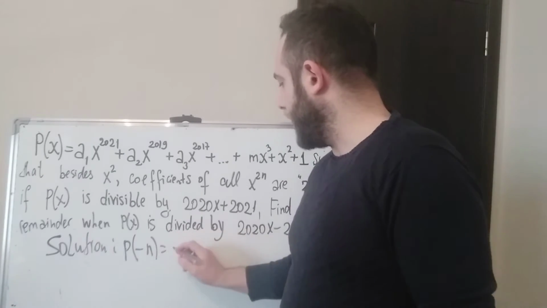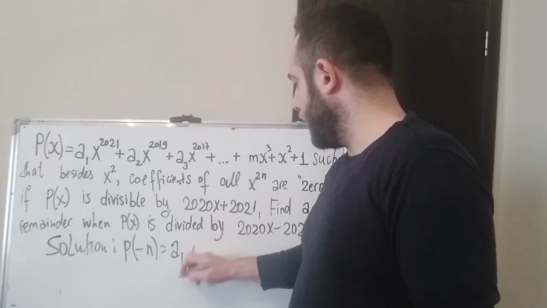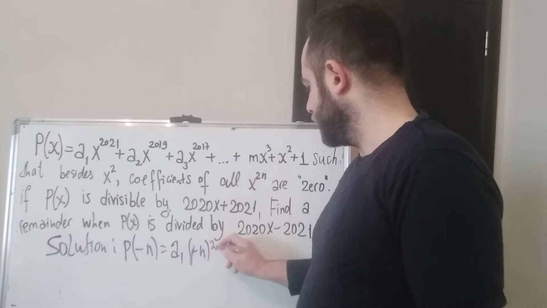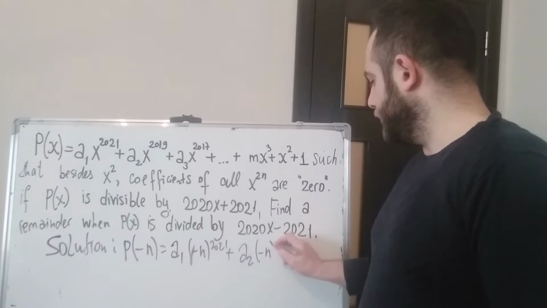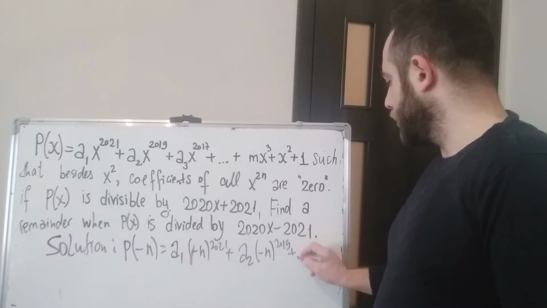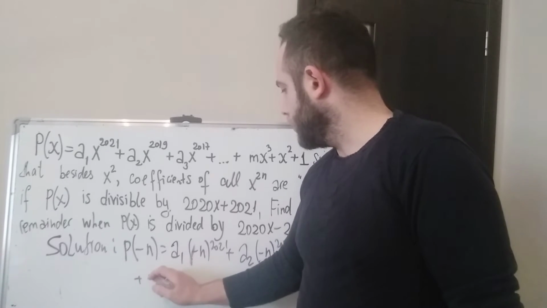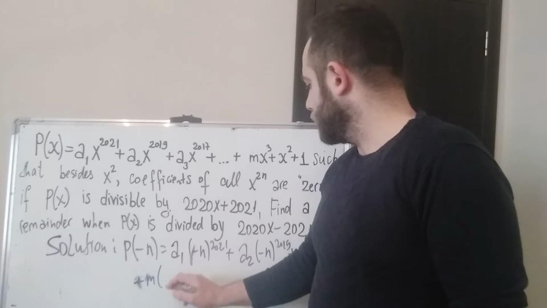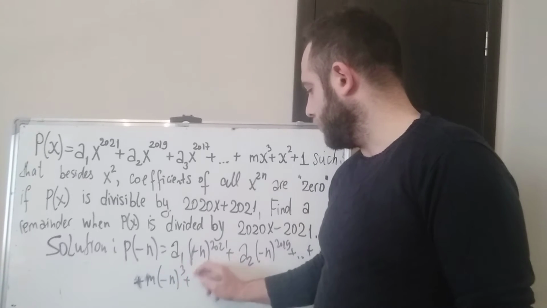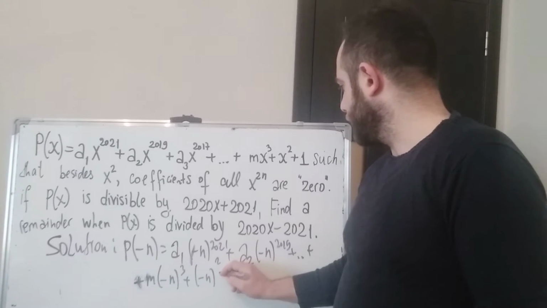It means a1 times minus n to the 2021, plus a2 times minus n to the 2019, up to m times minus n cubed, plus minus n squared plus 1.